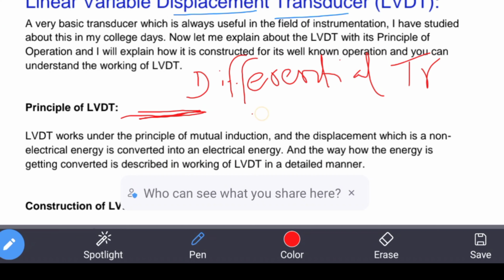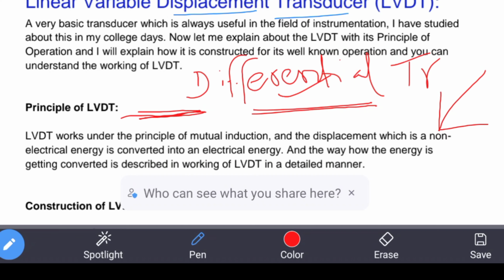It is the electromechanical transducer that converts the linear motion of an object into a corresponding electrical signal. That's why it is called a linear variable displacement transducer. Linear displacement can be converted into an electrical signal. That's why it is called a linear variable differential transformer, or differential transformer; displacement transducer is also one of the correct words. It is an acronym.